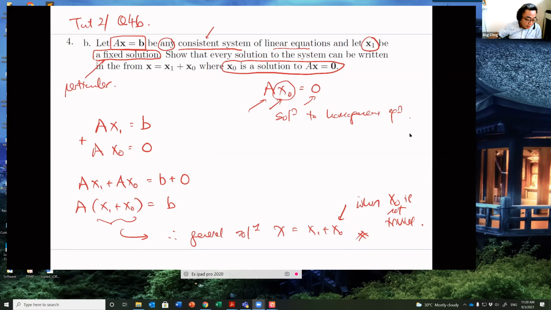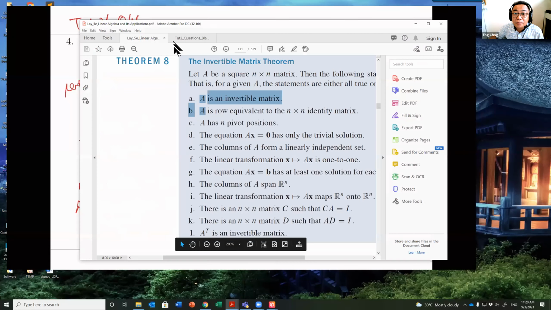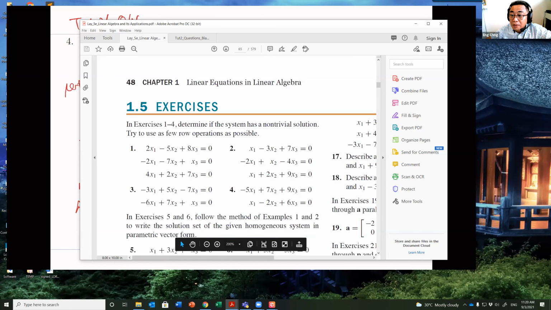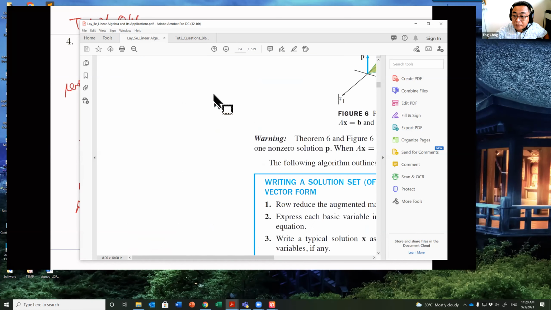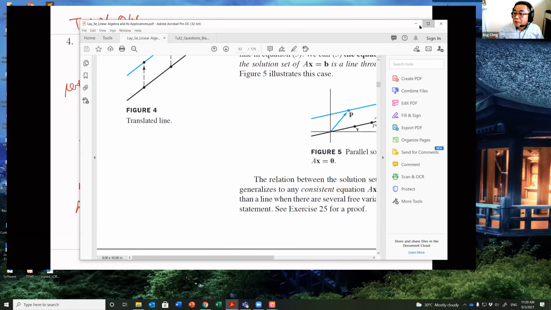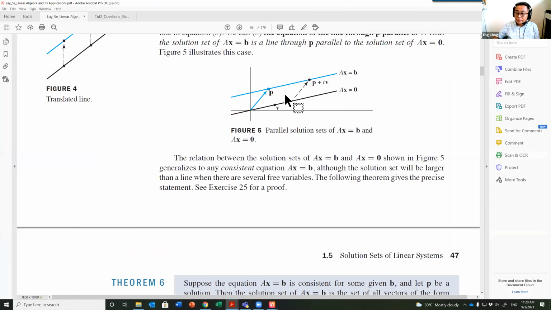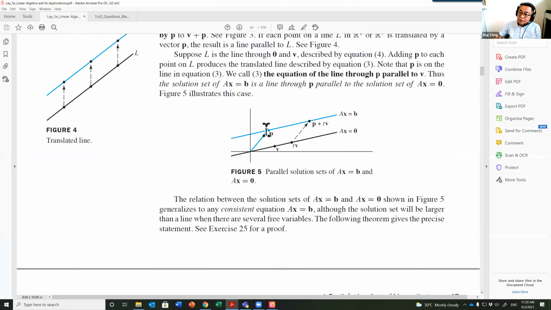Okay, but let us see in page 46 what Lay is talking about. So he's talking about this. P is the particular solution, in your tutorial is x1. So he's giving you 1 point. But Ax equals to 0, he gives you a line.